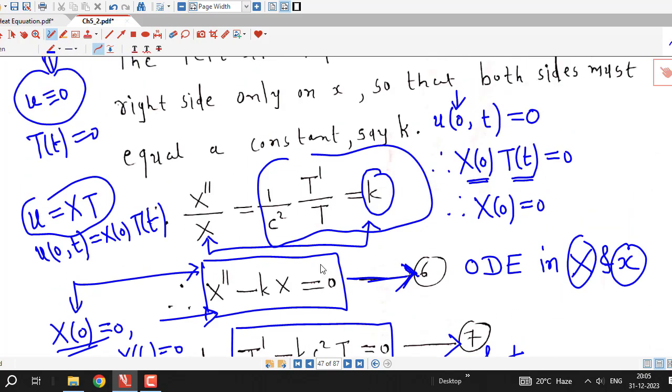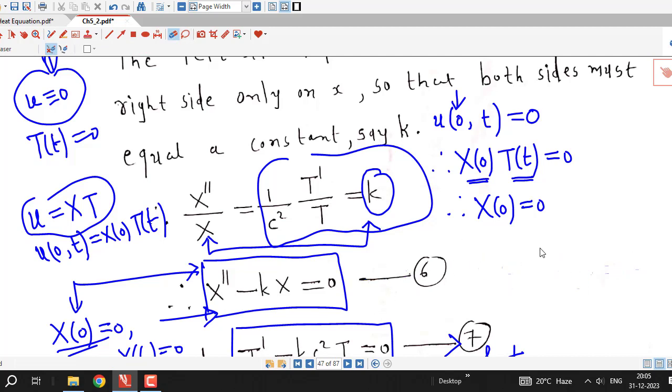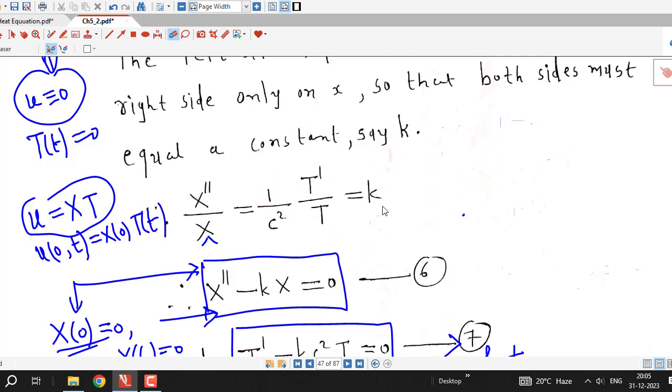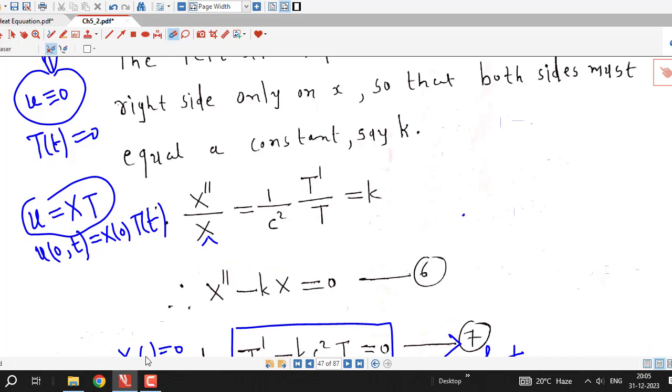Now to solve equation number 6, we can see it is a linear ordinary differential equation with constant coefficients and it is homogeneous. So to solve equation number 6, I have to write down the auxiliary equation corresponding to this equation.